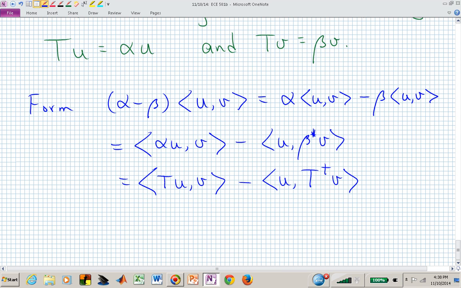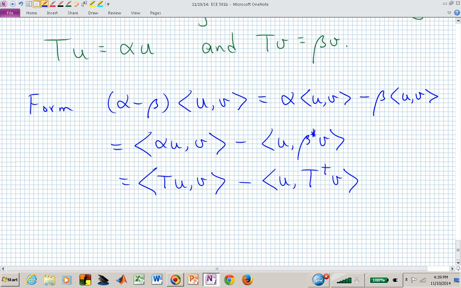But now, what do we have here? Now I'm ready for your answer. This is the inner product of Tu with v minus the inner product of u with T dagger v. The right-hand side is really just sliding that linear operator to the second slot, isn't it? Creating the adjoint. Or we could slide, so if we looked at the first term and slid that T from the first slot into the second slot, the first term is the inner product of u with T dagger v.